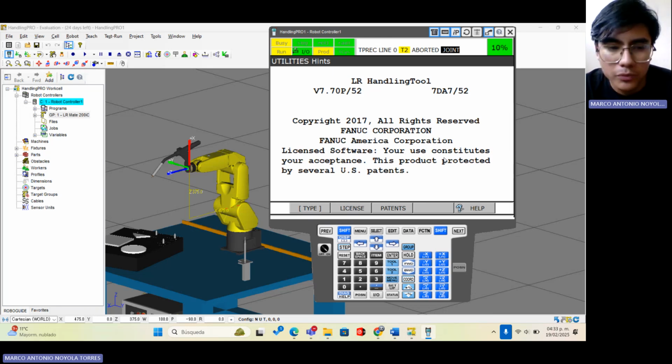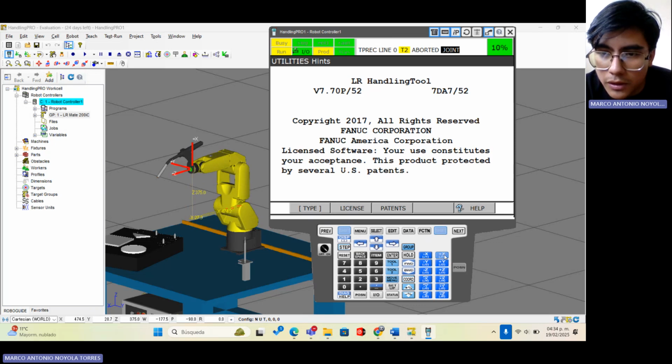To move the robot in the joint system, these 12 keys are for the first joint, the second joint, the third joint, and up to the sixth joint. If you want to move the robot in each joint, you must press the shift key and then the key of the joint you want to move.